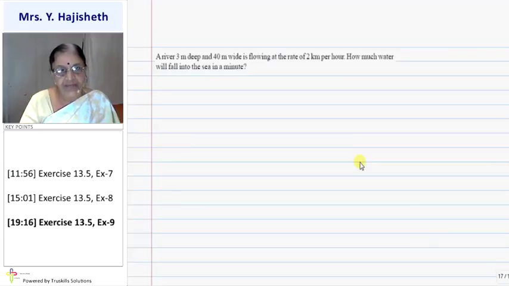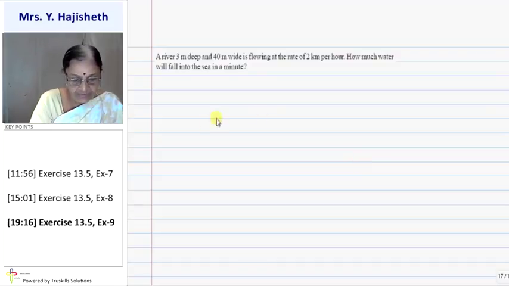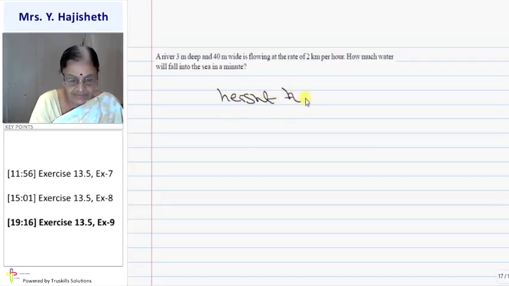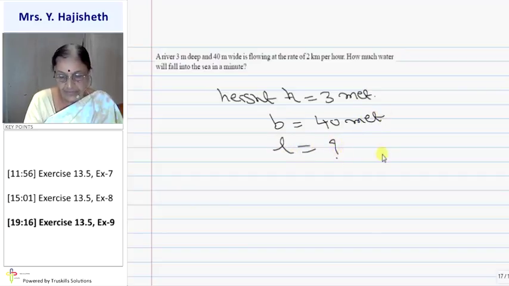A river 3 meter deep and 40 meter wide is flowing at a rate of 2 km per hour. How much water will fall into sea in a minute? First here what is given? H is given as 3 meter and B is given as 40 meter, and I am asked to find out L, question mark.